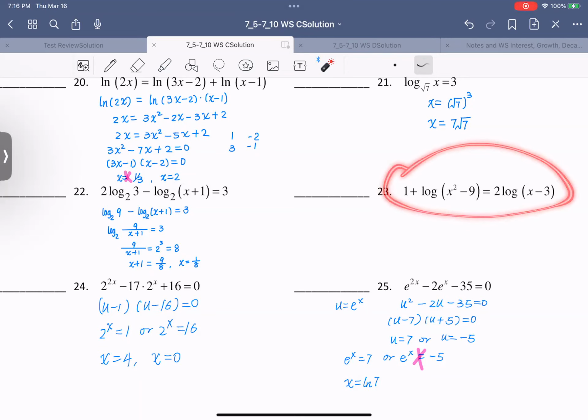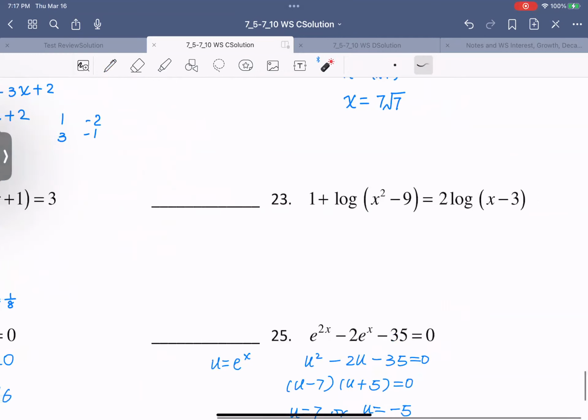Anybody want to do 23 with me together? This is 1. This is log base 10. This is log base 10. If we want to make this in one term, what can we do?